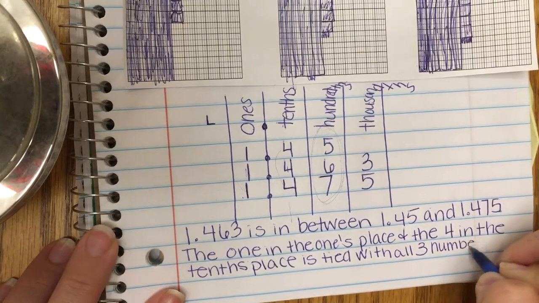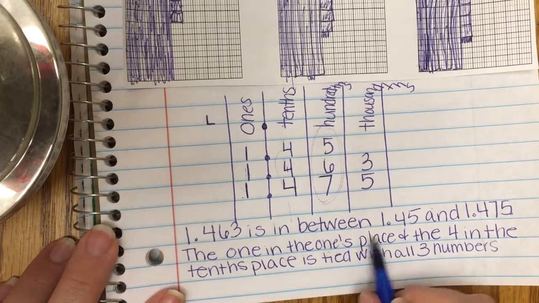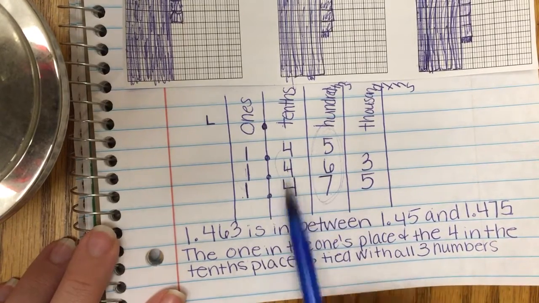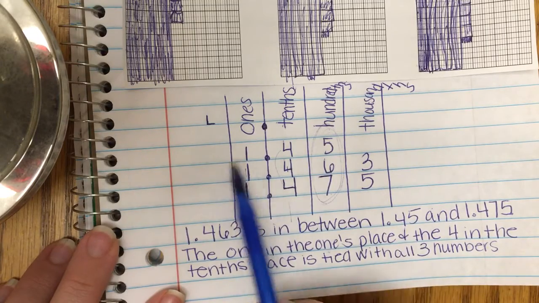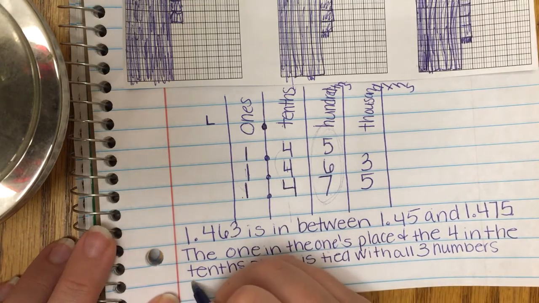Let me recap. The 1 in the ones place, the 4 in the tenths place is tied with all three numbers.